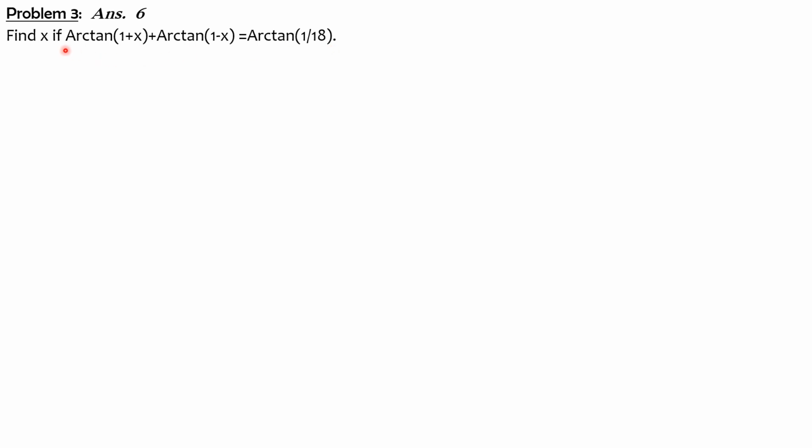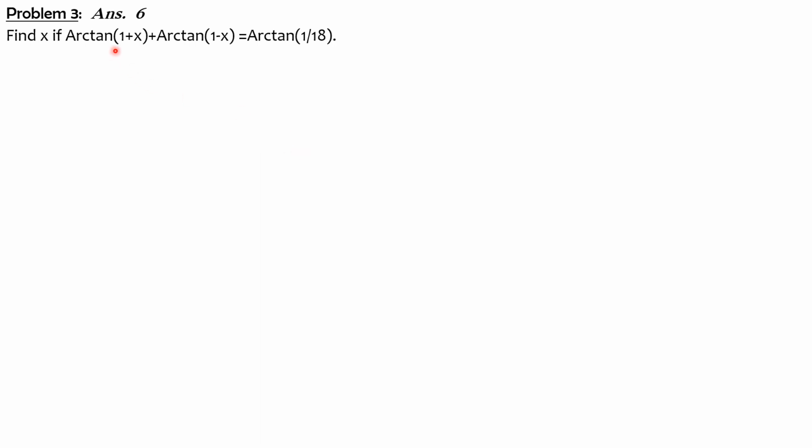Now for the calculator technique, all you have to do is set your calculator in the radian mode, then type inverse tangent of quantity 1 plus x plus inverse tangent of quantity 1 minus x equals inverse tangent of 1 over 18. Then shift solve, try a value of x which is, let us say, 0.5, then your calculator will give you the answer. That's for the calculator technique.